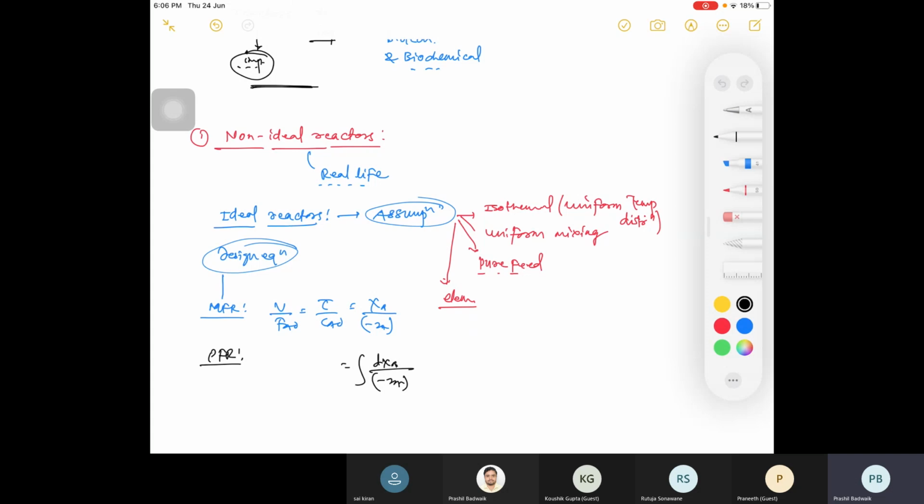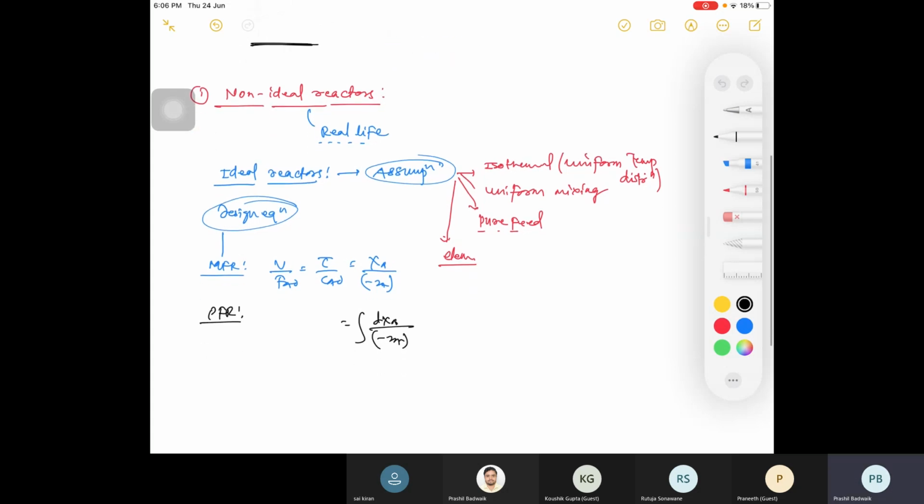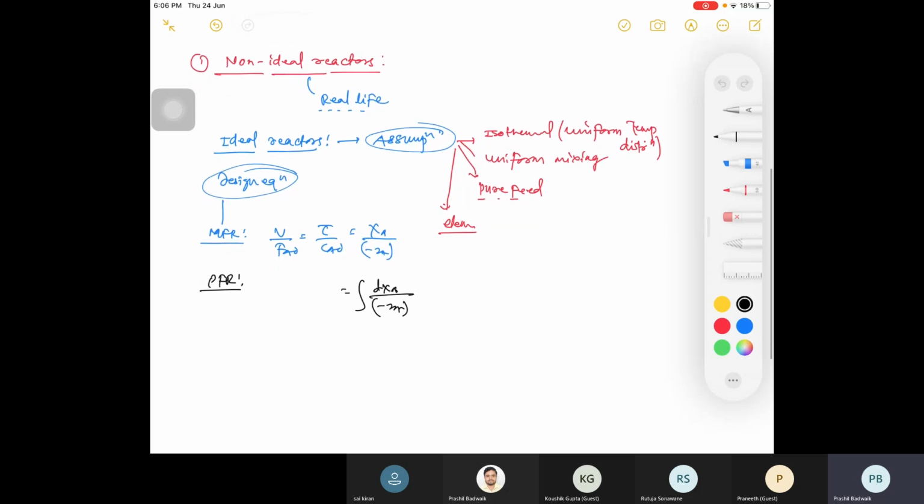Perfect mixing was an assumption, uniform temperature was an assumption. In case of non-ideal reactors, what happens? These reactors do not follow these assumptions, right? So non-ideal reactors are basically the reactors which do not follow the assumptions or design equations or performance equations of ideal reactors. So just write for definition.